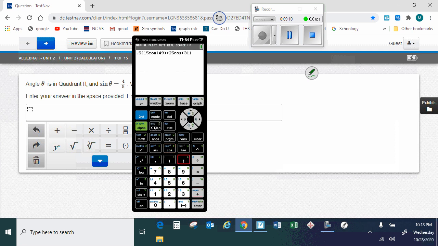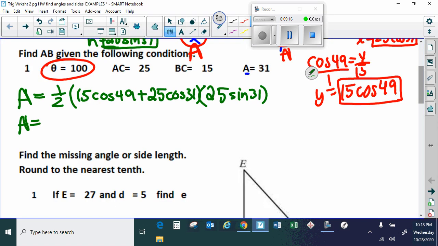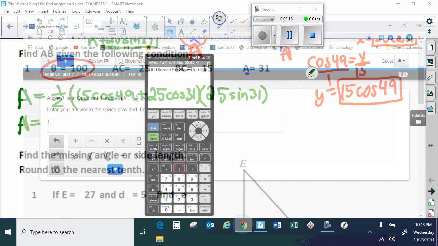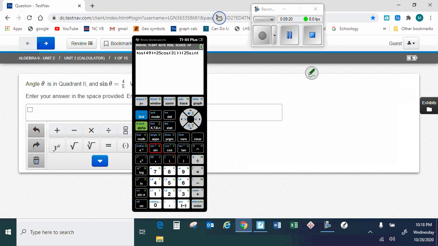Don't forget that parenthesis. Now I have another parenthesis. Open that up. And what's the last one we have here? 25 sine 31 parenthesis. Okay, hit enter. 201.3 is going to be my answer.